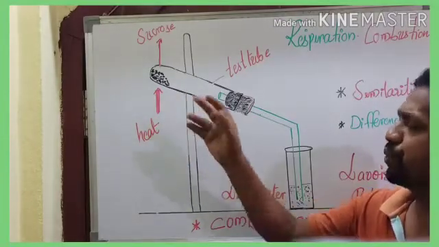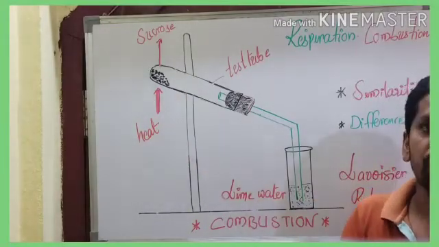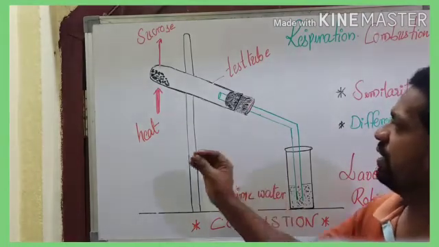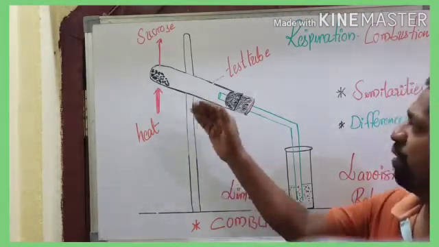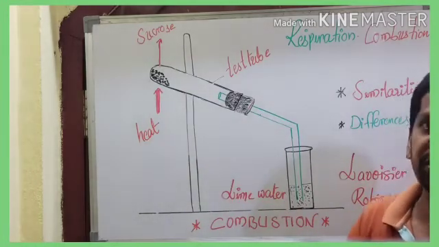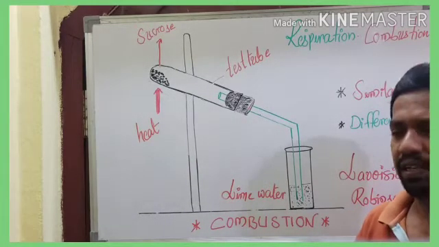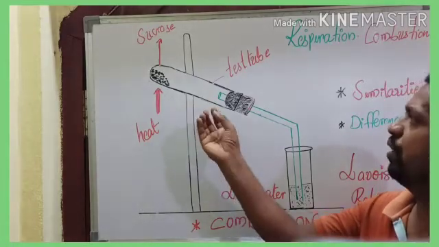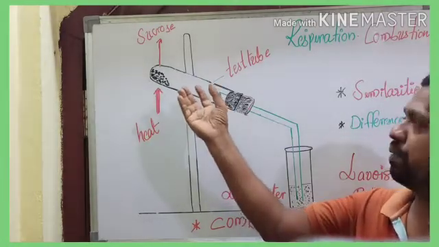Firstly, sugar crystals convert into liquid form. Still heating, the liquid turns blackish in color. As we keep adding heat, finally it catches fire and some energy is released.